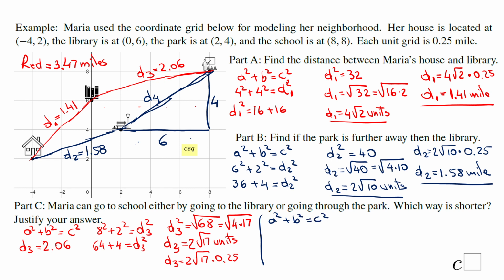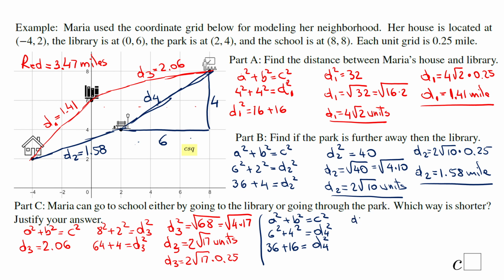Different numbers: we have 6 squared plus 4 squared equals d sub 4 squared. That will be 36 plus 16 equals d sub 4 squared.